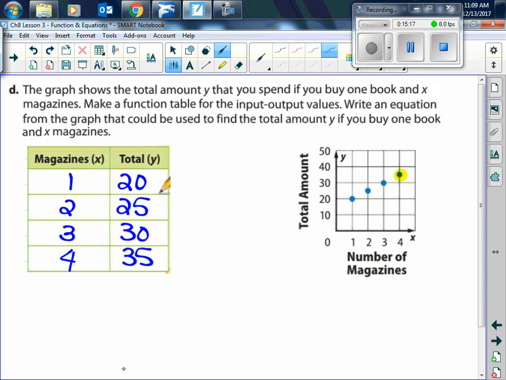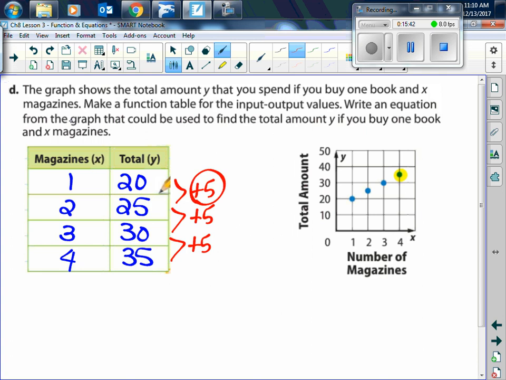Now, to write our equation, we want to look at how the y value changes, okay? So, how do I go from 20 to 25, 25 to 30, 30 to 35? Add 5. You're going to add 5. Very good. So now, what do I do with that 5?